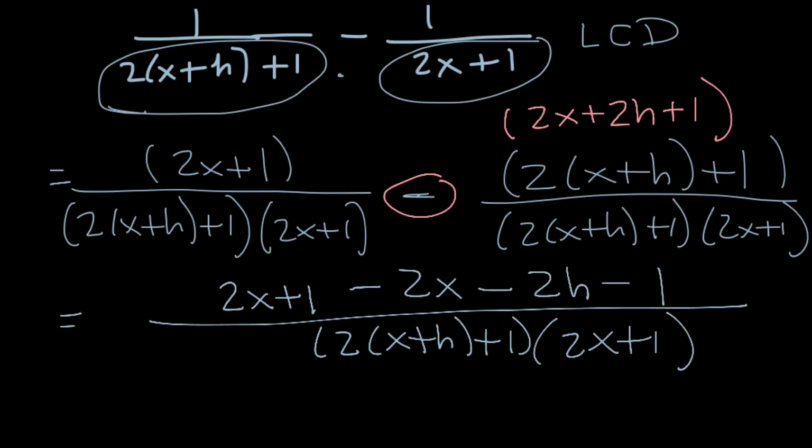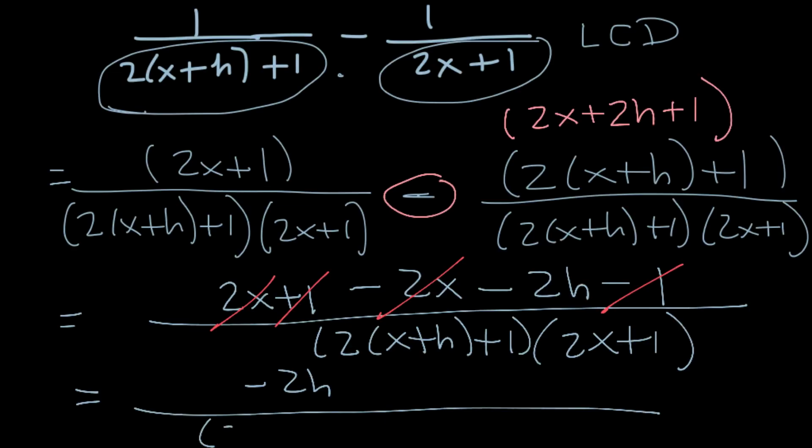And let's see what cancels. The 1's cancel, the 2x's cancel, and so we are left with minus 2h over 2 times the quantity x plus h plus 1 times 2x plus 1.